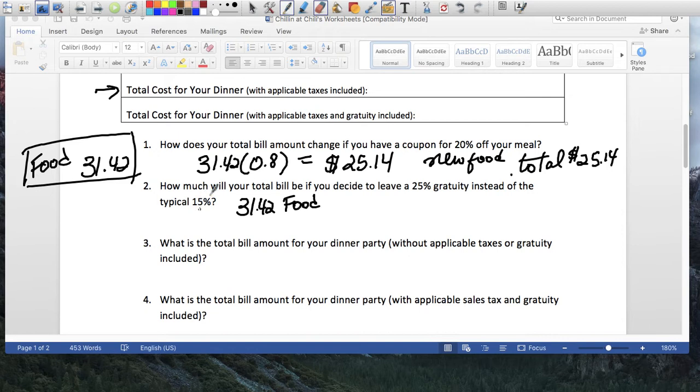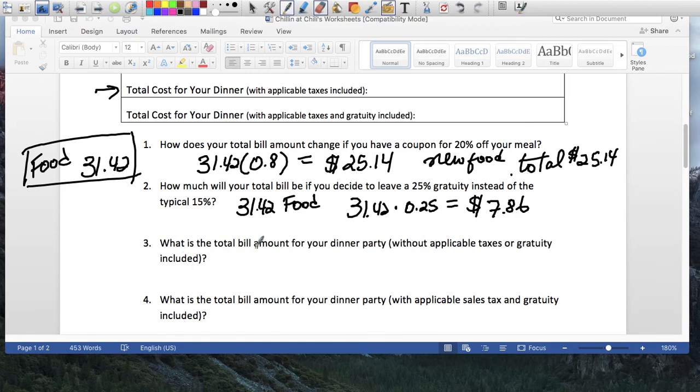So instead of leaving a 15% tip, I want to see what 25% is. So 31.42 times 0.25, just to see what my tip would be. If I decided to give the waiter 25%, my tip would be $7.86.